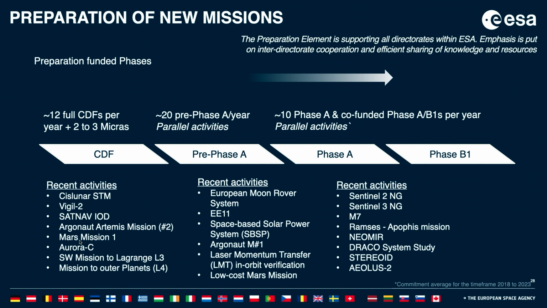This year we had the concurrent design facility of the Aurora C mission, a swarm of satellites for monitoring of the northern lights. We also look at pre-phase A and phase A missions, for example Sentinel-2 and Sentinel-3 next generation, where we run these kinds of studies.